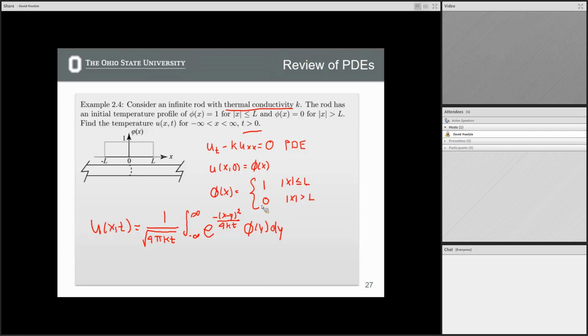So I can rewrite my solution. Now I look at the range from negative L to L. In this range, phi of y is equal to 1. So now I just integrate with respect to dy. It's a reduced domain.